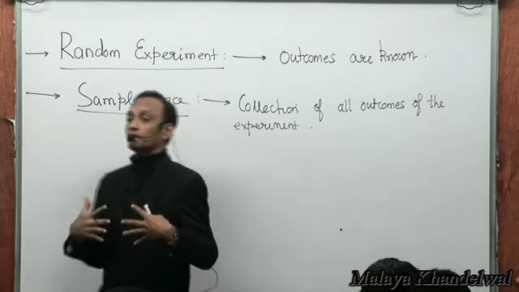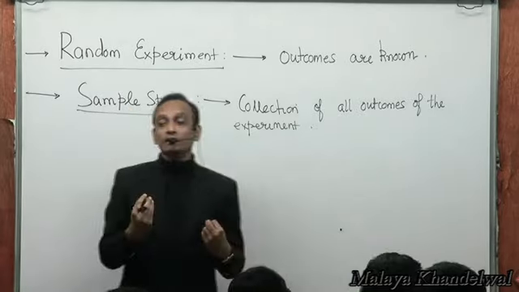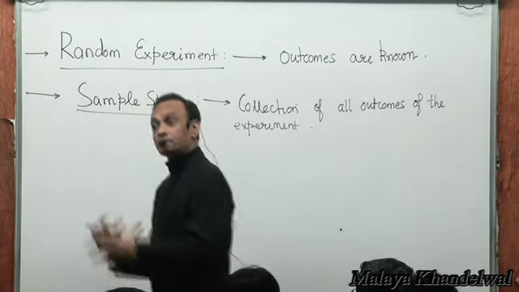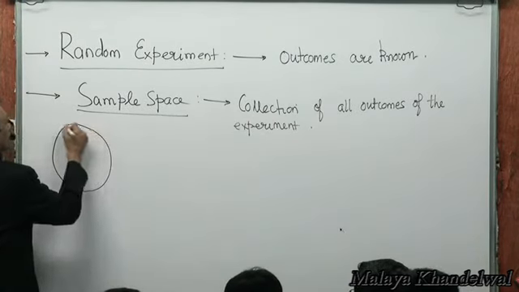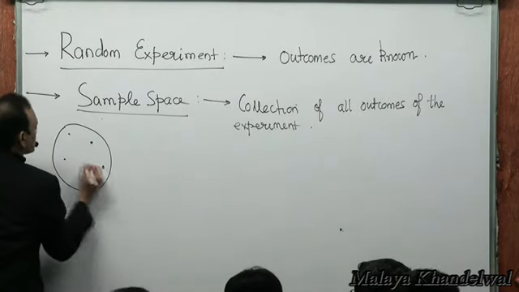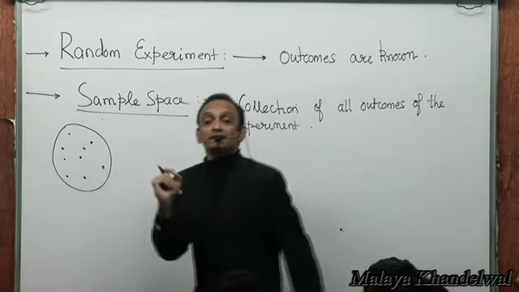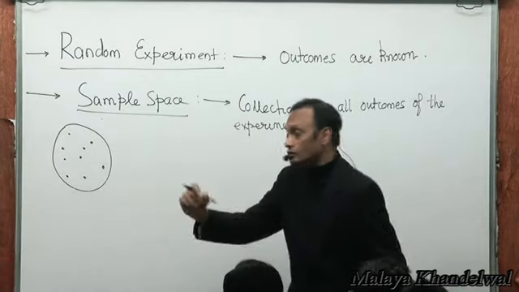There could be a manufacturing unit, let's say making some nuts. And there are many nuts here. And a nut could be defective or non-defective.